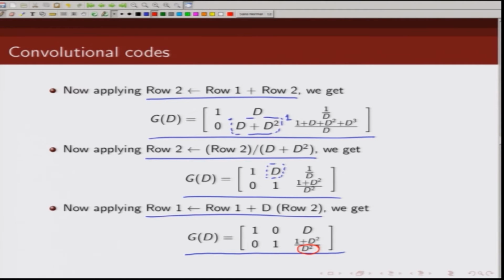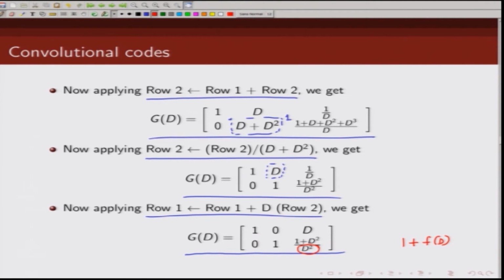Any denominator term that we have has to be of the form 1 plus some polynomial, but here this 1 is not here. So, we cannot realize a rational function of this form using our shift register. So, this particular equivalent systematic encoder is not realizable.